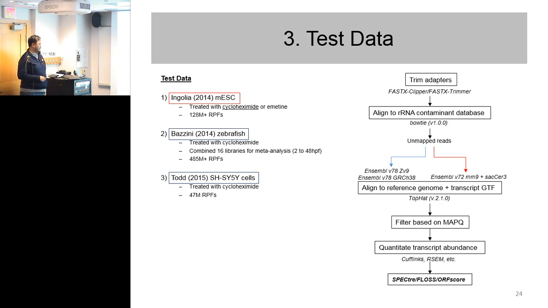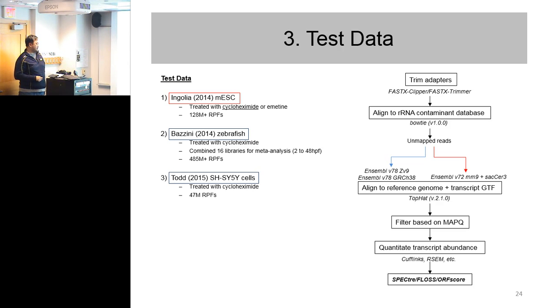The second data set that I used for this test is from another 2014 publication looking at ribosome profiling in zebrafish, and this group actually are collaborators of this group. So just keep that in mind for later.